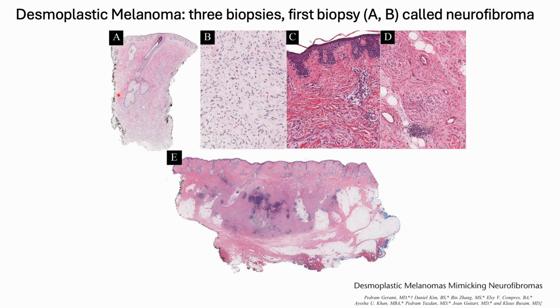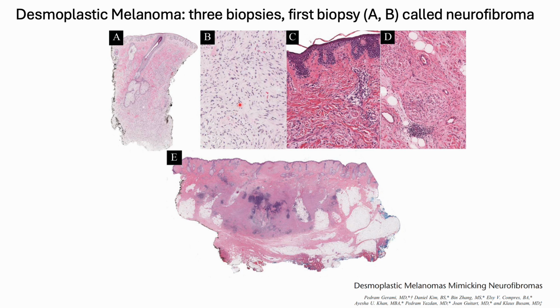And here's an example. So A and B represent the first biopsy, C and D represent the second biopsy, and E represents the subsequent excision. The A biopsy is a proliferation of extraordinarily bland spindle cells in a pinkish stroma, and this was missed.